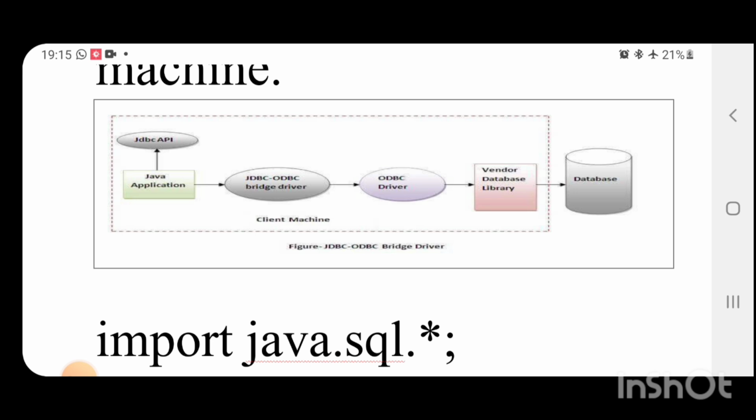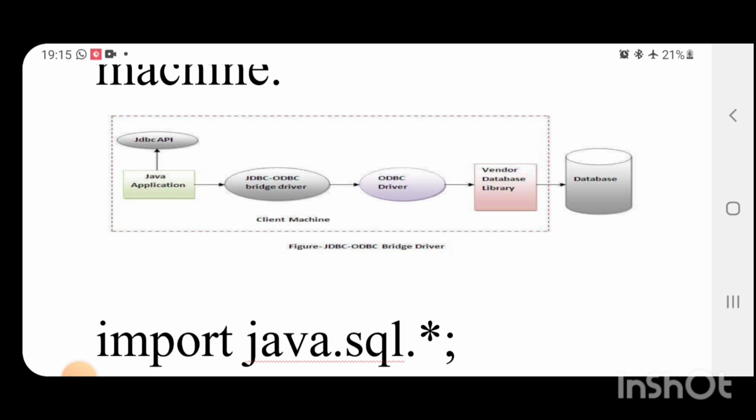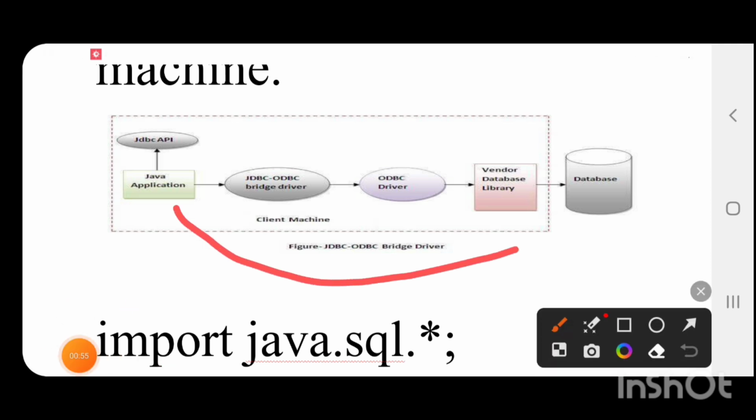What is ODBC? ODBC is open database connectivity. Okay, it needs one vendor database library to understand the function calls, and then it can interact with a Java application. After that only, the Java application can interact with the database.